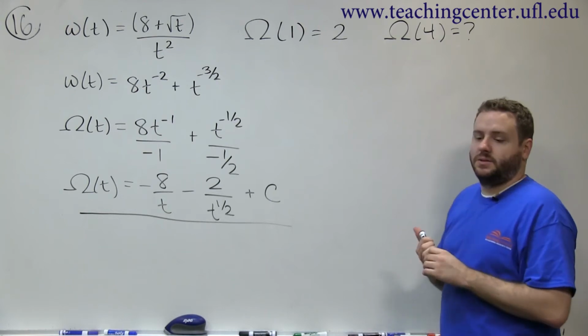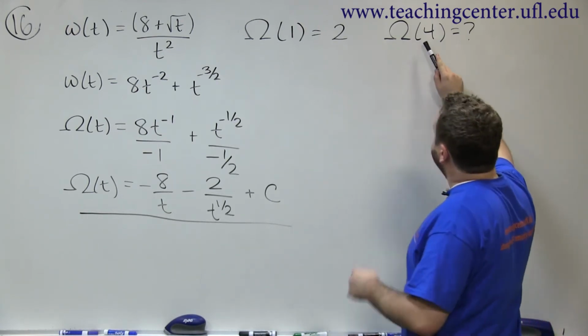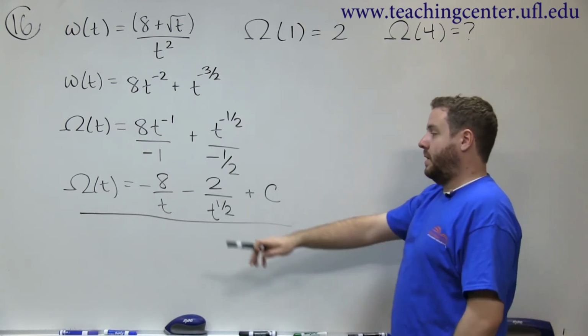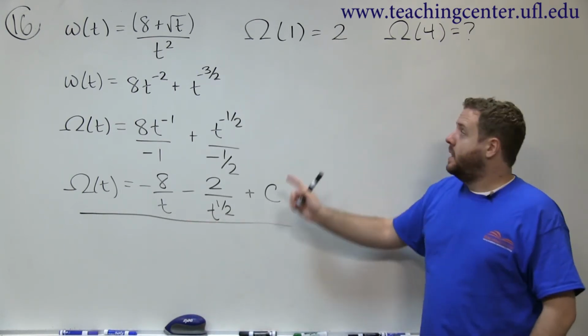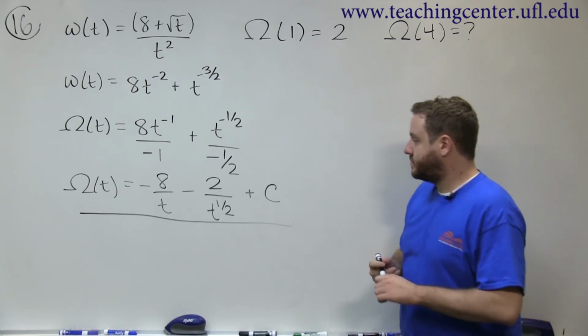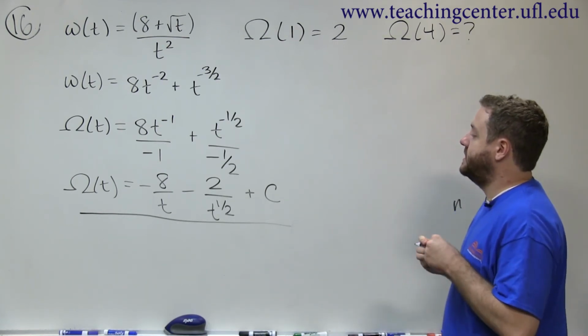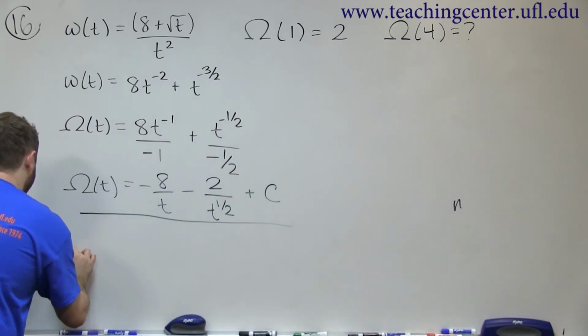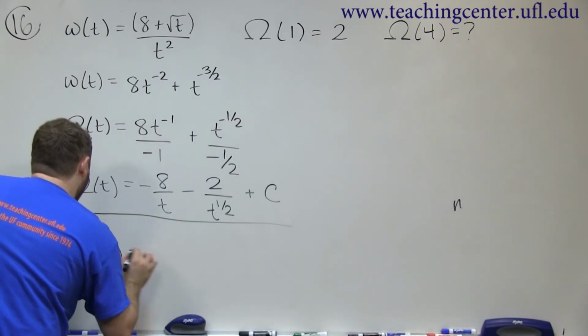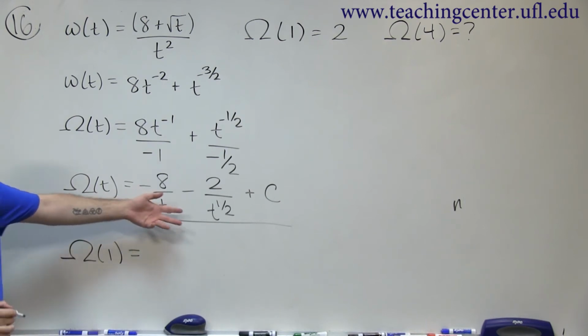We're going to use that to answer the problem now. Remember, we were looking for what we get if we plug in 4 to this. Well, we can't know that right now because there's this unknown c, but that's where we use this. We know that if we plug in 1 for t, it has to equal 2. Let's figure out what that is. If we plug in 1, this becomes pretty simple.